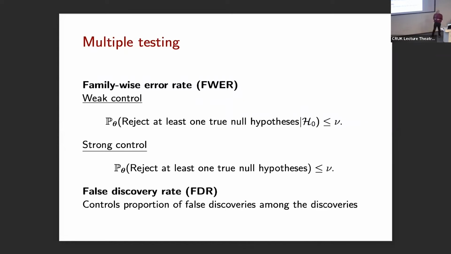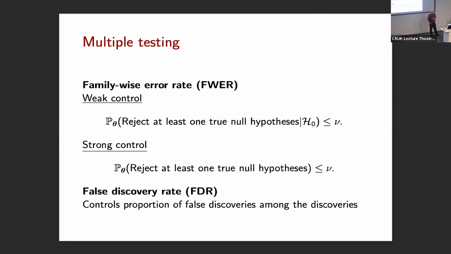I can think about the family-wise error rate, which is what I'm going to focus on today, which, if I'm talking about weak control, I'm looking at the probability to reject at least one true null hypothesis, and I want to have that probability controlled at a certain level. And I'm assuming that the global null hypothesis is true. In other words, all treatments, including the control group, have the same effect.